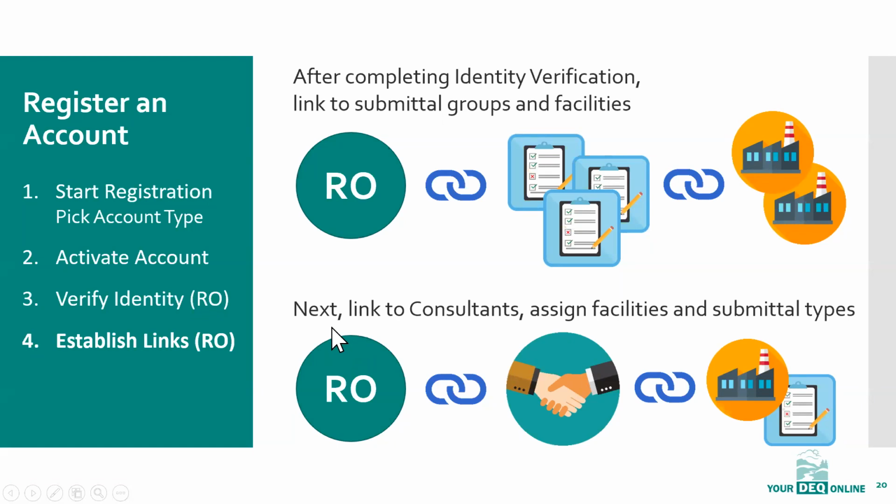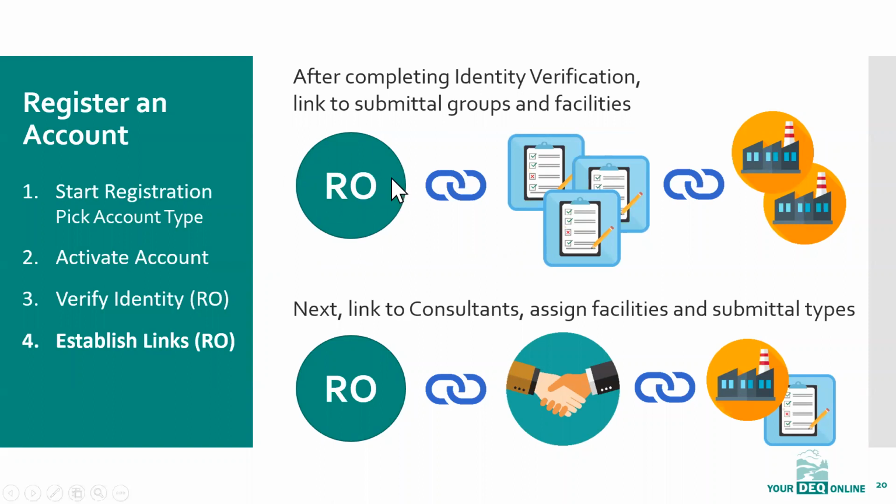Next step is links. So this is for the RO to do, but it's a wonderful thing for the consultant to know how it works, because the consultant depends on this to be able to do the work they do. After completing identity verification and all your account setup is completed, the next step is to link to submittal groups and facilities.